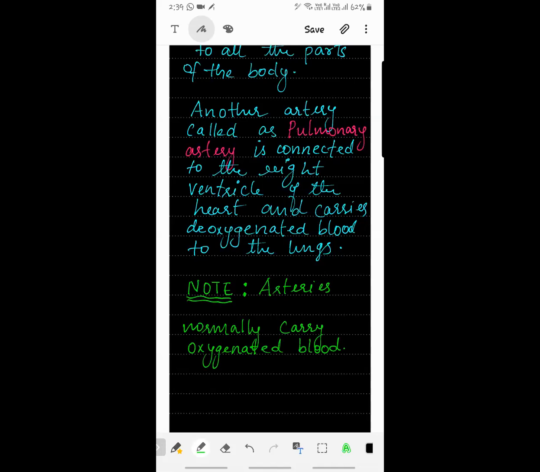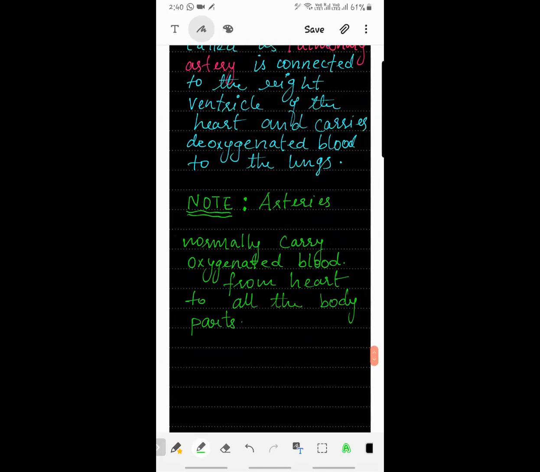Always, arteries will carry oxygenated blood. Okay, from where? From the heart to all the body parts. All the body parts.